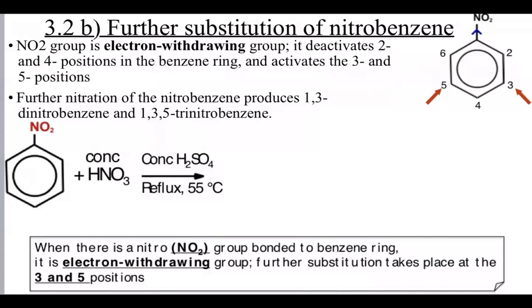I will draw the original molecule as blue. So that's my original molecule. I'll draw the product after this. The nitro group, I will make it orange. So you have a nitrobenzene.